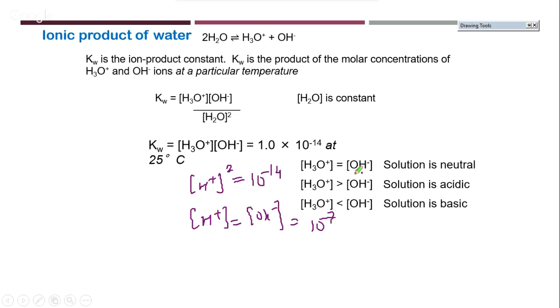This results in the concentration of H plus and OH minus being 10 to the power minus 7 in neutral solutions. Obviously, when the solution is acidic, H plus is going to be more, so the concentration is going to be greater than 10 to the power minus 7, and in a basic solution it is going to be less than 10 to the power minus 7. So these are the values in terms of concentration.